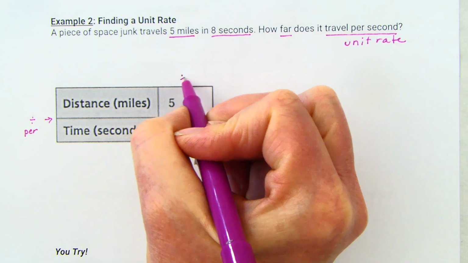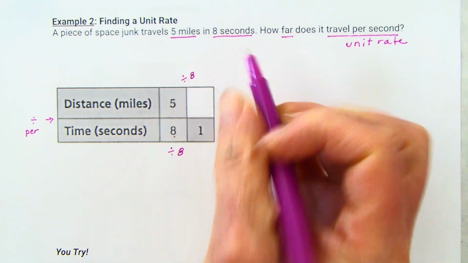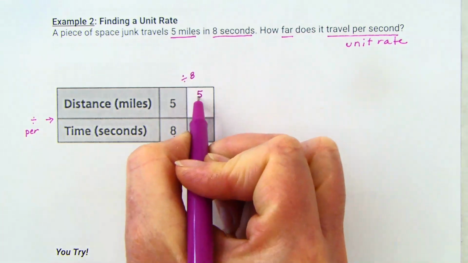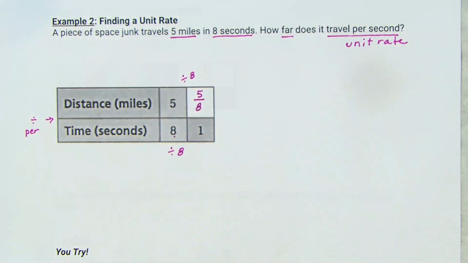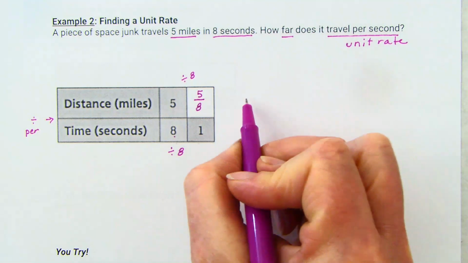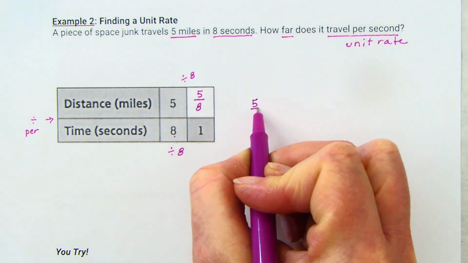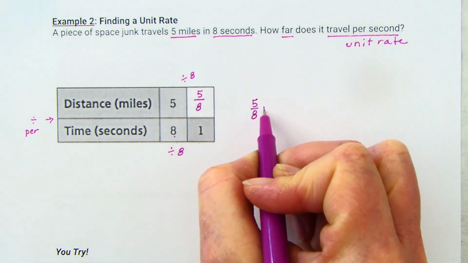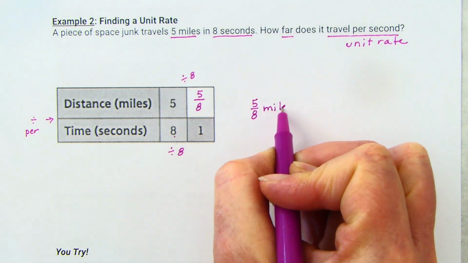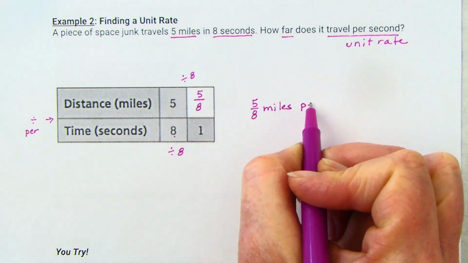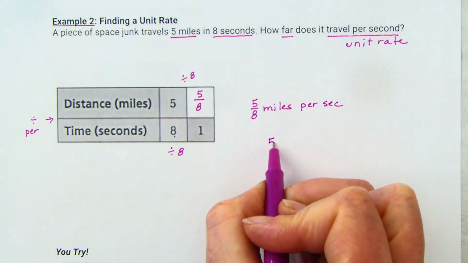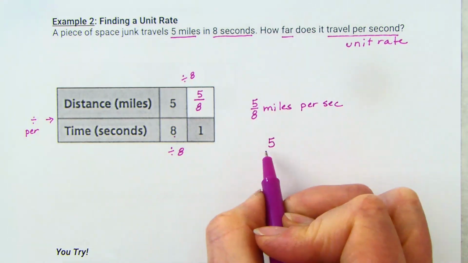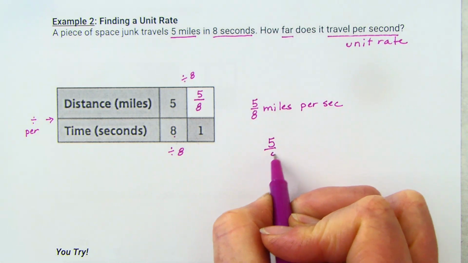And then what's 5 divided by 8? It's a fraction. So how far does it travel per second? 5/8 miles per second.